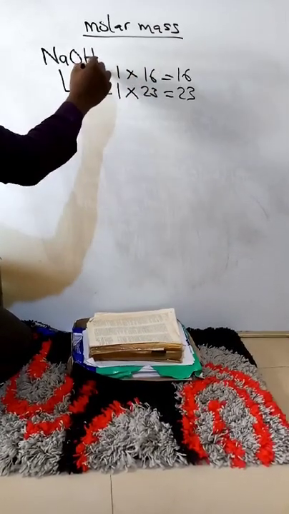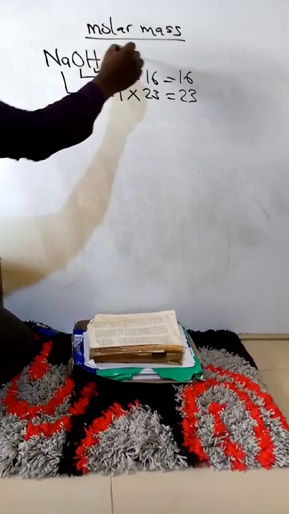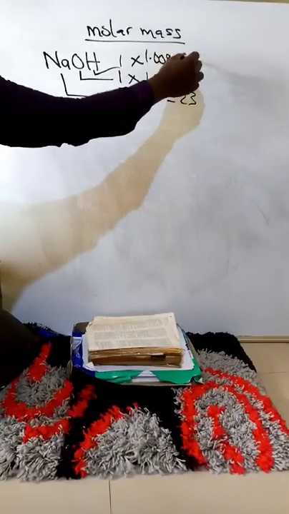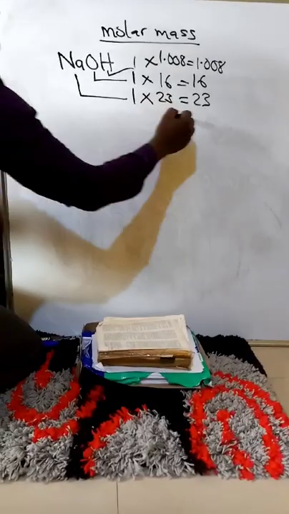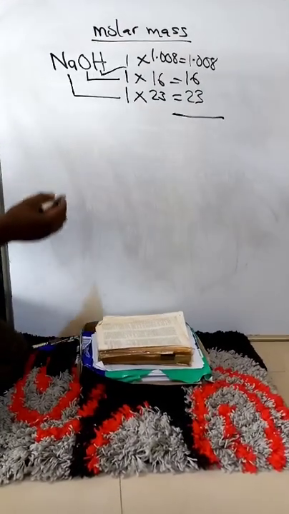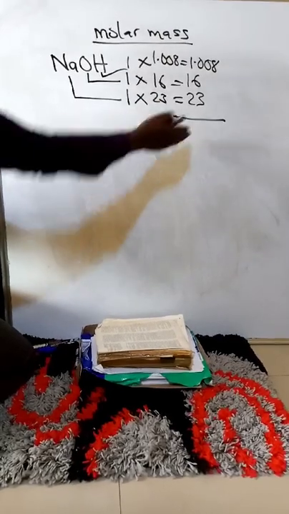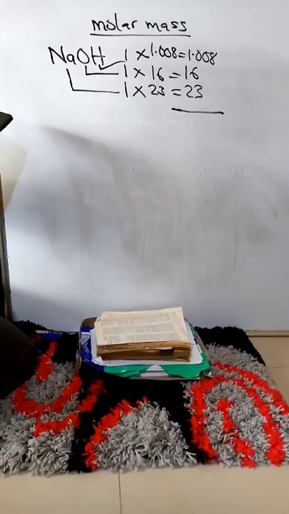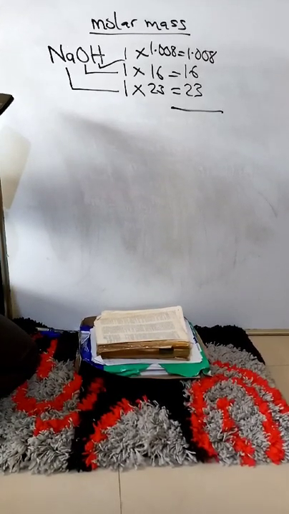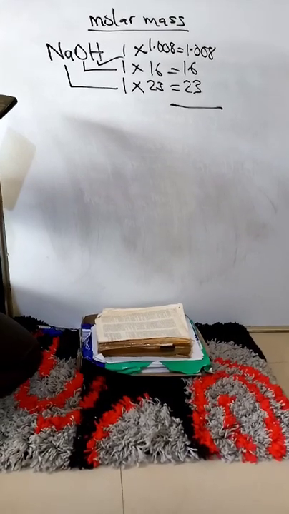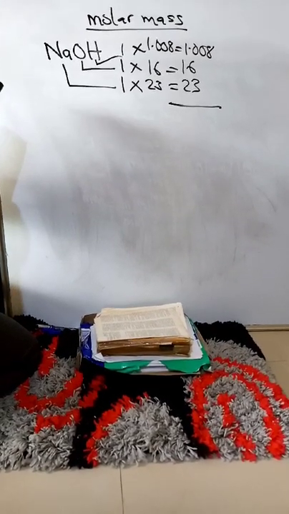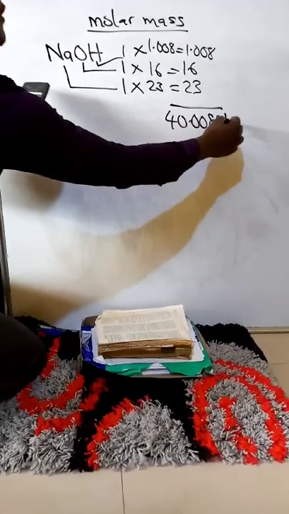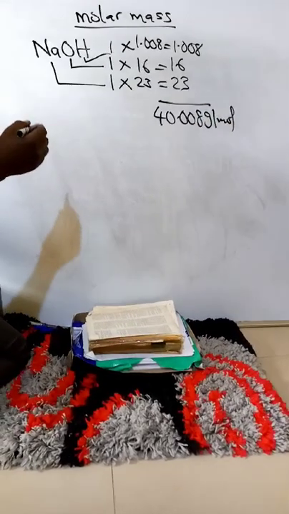Then hydrogen, we also have 1 hydrogen here, with a mass of 1.008. When we add them, 16 plus 23 plus 1.008, it gives us the molar mass: 40.008 grams per mole.